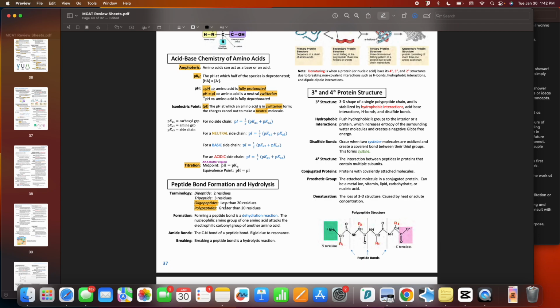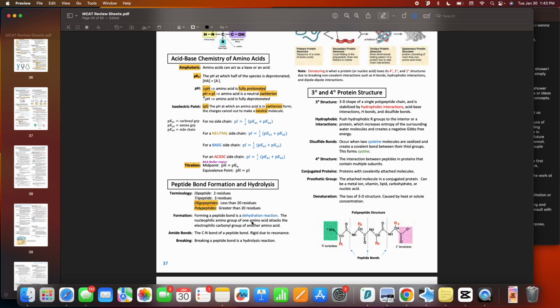Now the formation of the peptide bond, right? Forming a peptide bond is a dehydration reaction. This is important. It's also in blue, so we don't need to highlight it. The nucleophilic amino group of one amino acid, so the nitrogen from that amino group, is called nucleophilic. So it likes to attack a nucleus, right? A proton.